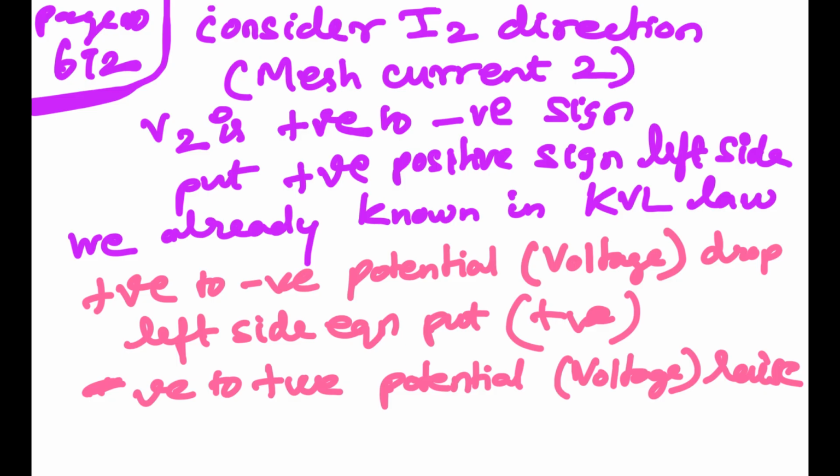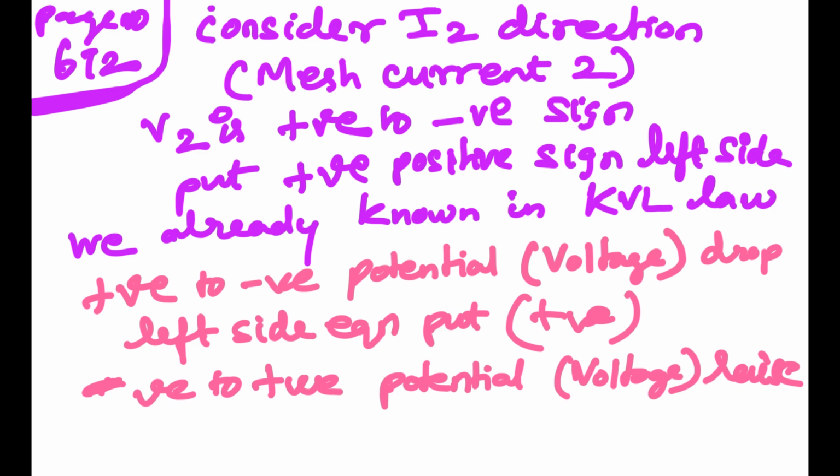Consider the I2 direction, mesh current 2. V2 is positive to negative, so put a positive sign on the left side. We already know in KVL, positive to negative potential is a voltage drop, so put positive on the left side of the equation.